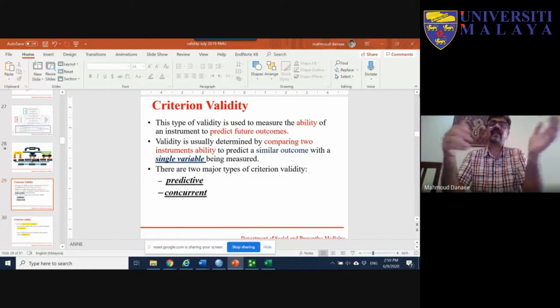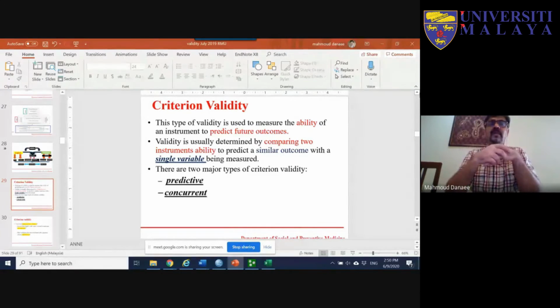It is negatively correlated. Suppose that you want to check the validity of your instrument, which is going to be used for measuring stress. So besides collecting data during the pilot study for your main instrument, you may use the quality of life instrument as well.